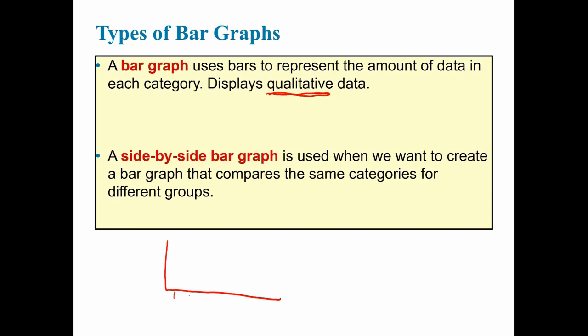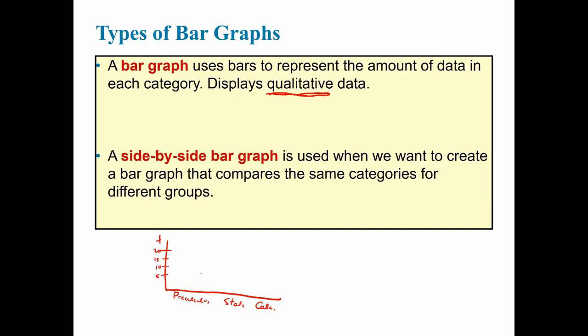So I'm going to have my categories be pre-calculus, statistics, and calculus, for example. And then I would have my frequencies over here. So let's say 5, 10, 15, 20.